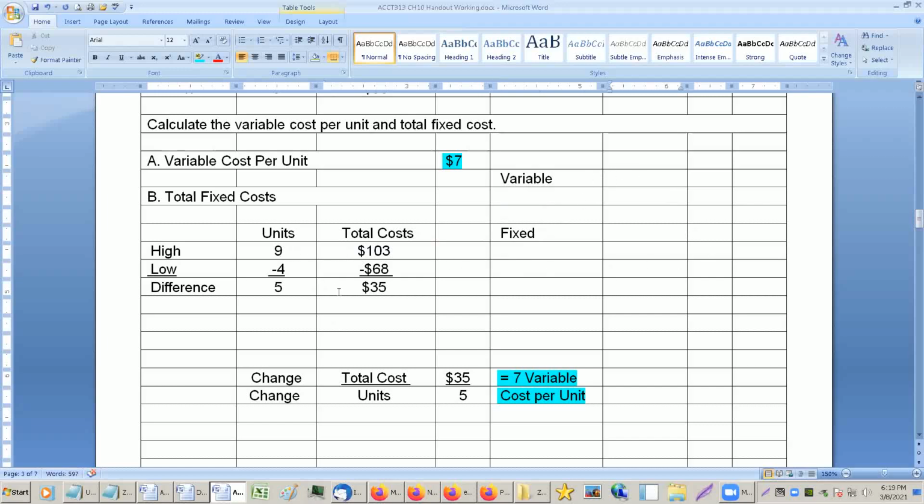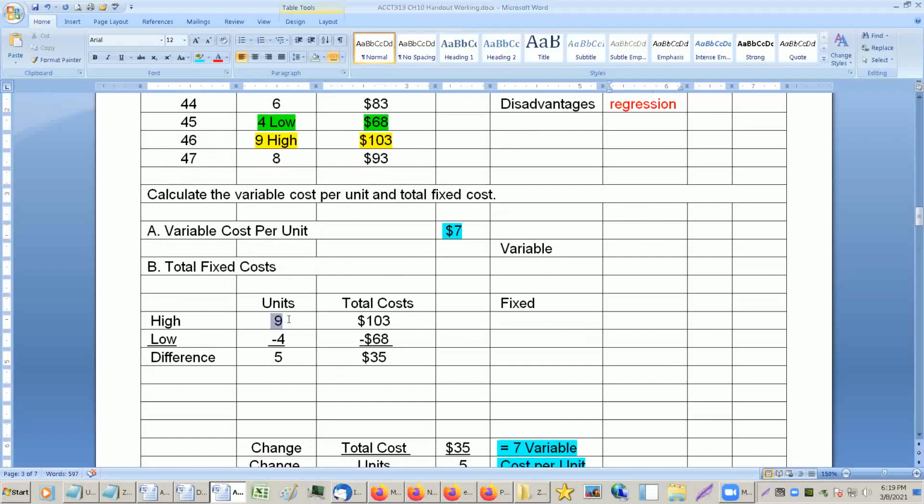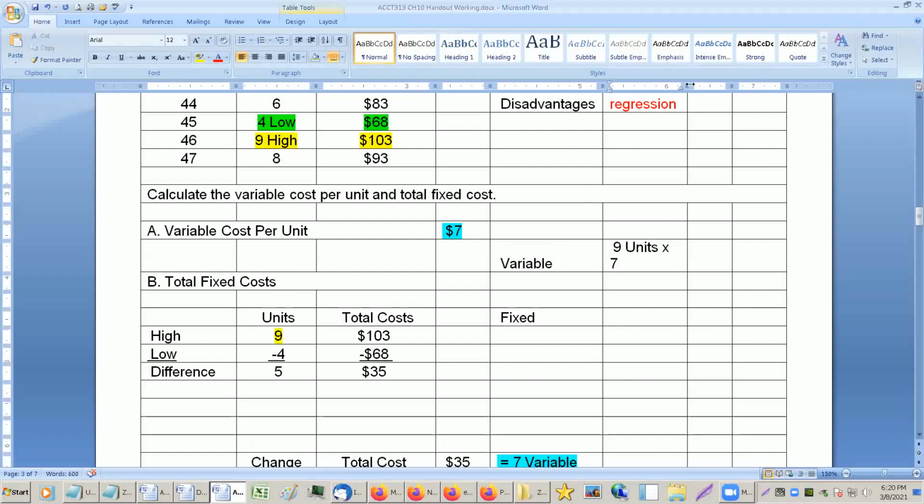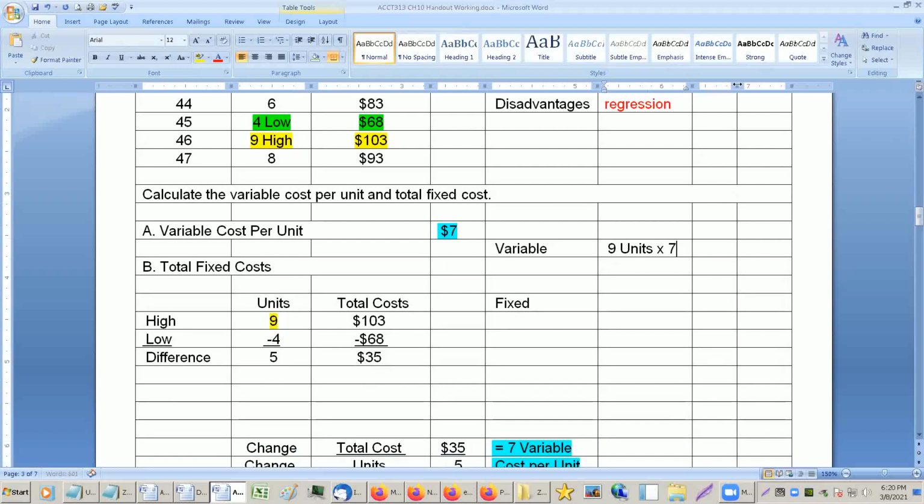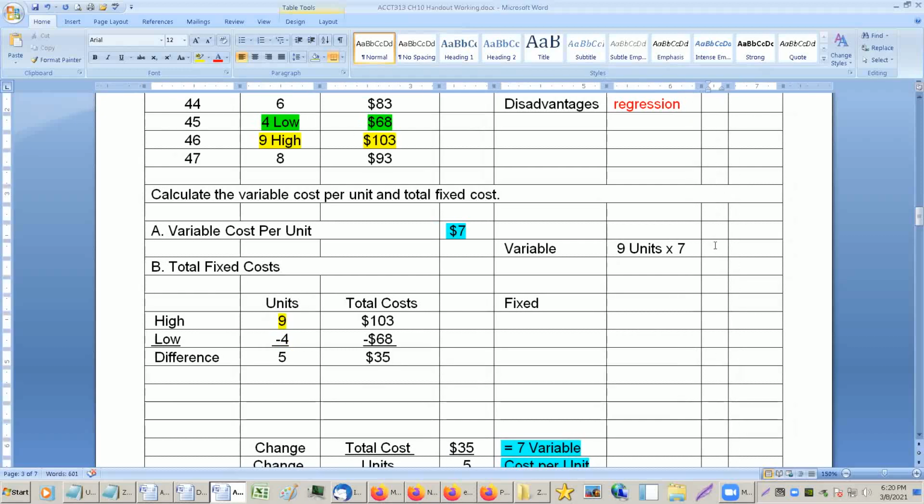Coming here, we had high, we had 9 units times 7. 9 times 7 is what, 63?